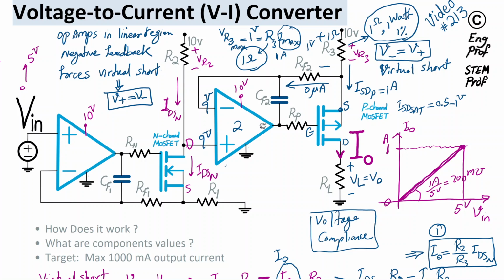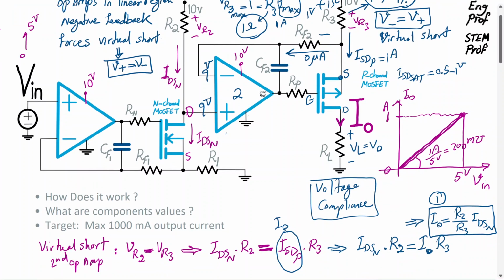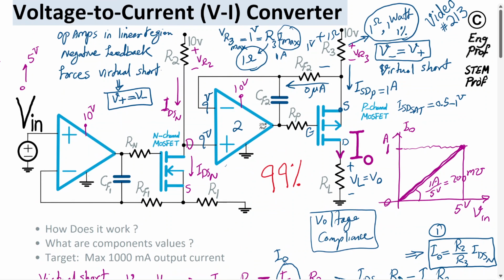To make sure this circuit can deliver a voltage-to-current conversion efficiency of around 99% or better, I'm going to enforce by design that when we have 1 amp going through the final branch, this current is 1 over 200 of that current. If it is 1 over 100, then the DC consumption is 10 volt times a current that is 100th less, so it gets close to 99%.